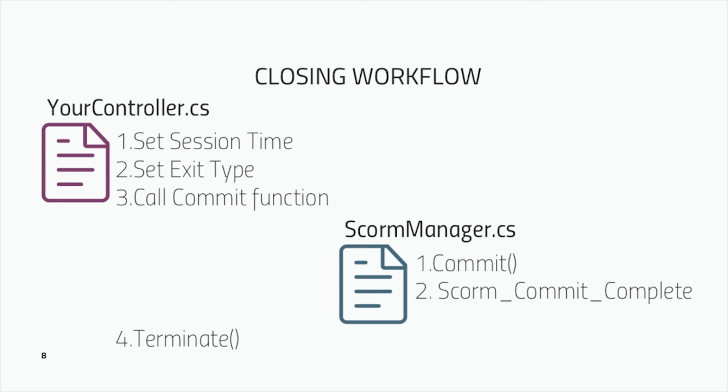The SCORM manager processes that commit function, and once we've got a response from the learning management system, it sends back a broadcast message, SCORM commit complete, to let our code know that it's been successfully saved and stored into the learning management system. Once we receive that, our code just has to call one last function call to the SCORM manager, which is that of terminate, which actually sends a message to the learning management system saying this session is completely finished, and typically it just closes the browser window.